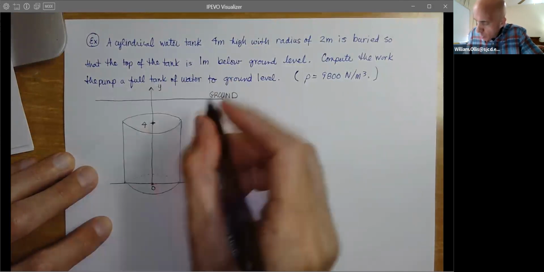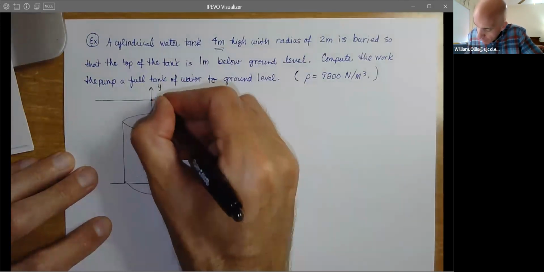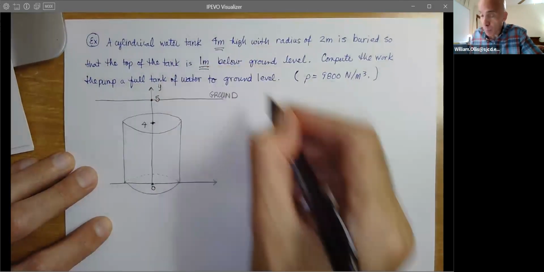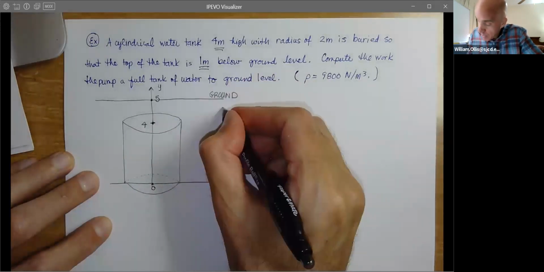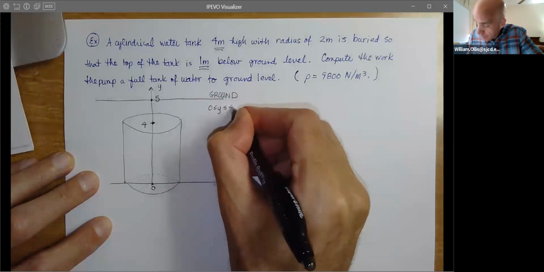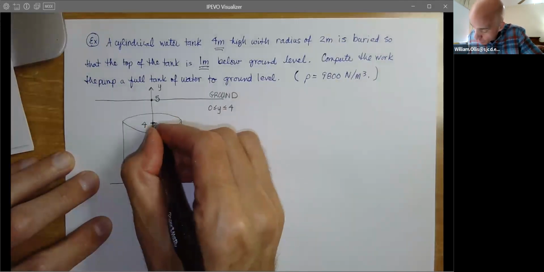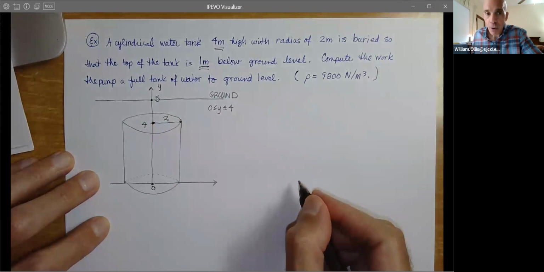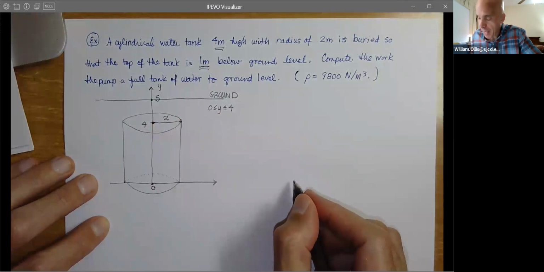This is 4, because we have a height of 4 meters. And all the way up here is 5, because the top of the tank is 1 meter below ground level. So for the water in the tank, y lives between 0 and 4. We're also given a radius of 2, so the distance from here to here is 2. This geometry is not complicated, but it's different from the last problem.